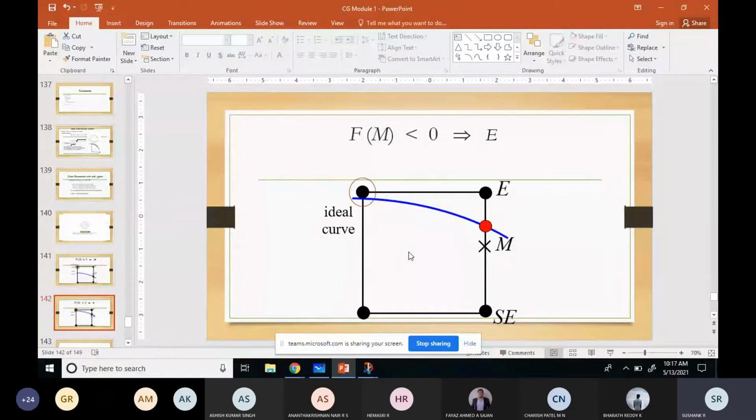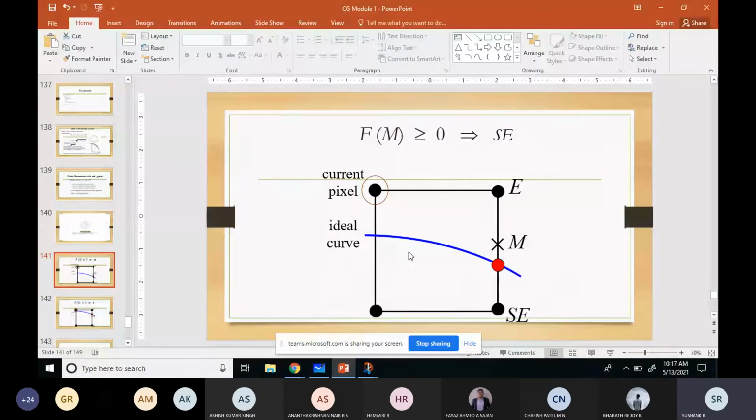The other way around, if it is less than 0, it means the point M is closest to E and you have to select E. So that is the computation. In the line algorithm you were calculating the value of pk, and less than 0 meant you select yk, and greater than 0 meant you select y of k plus 1, the same terminology.